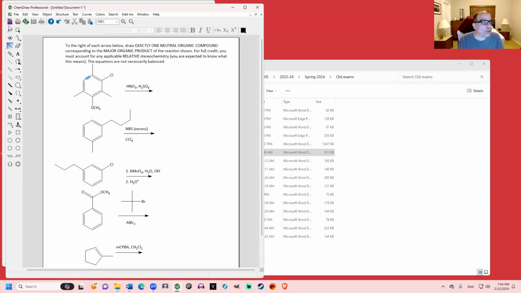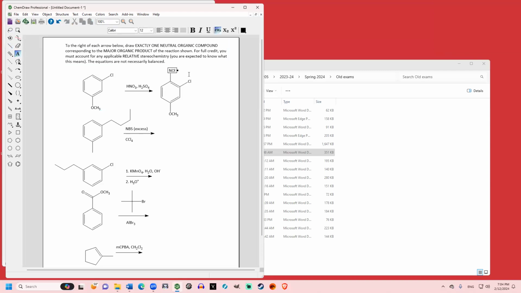So I believe the nitro group would go ortho to the chlorine. Could we also put it to the left of the OCH3? No, because the OCH3 is bigger, and the major product would have substitution next to the smaller group.